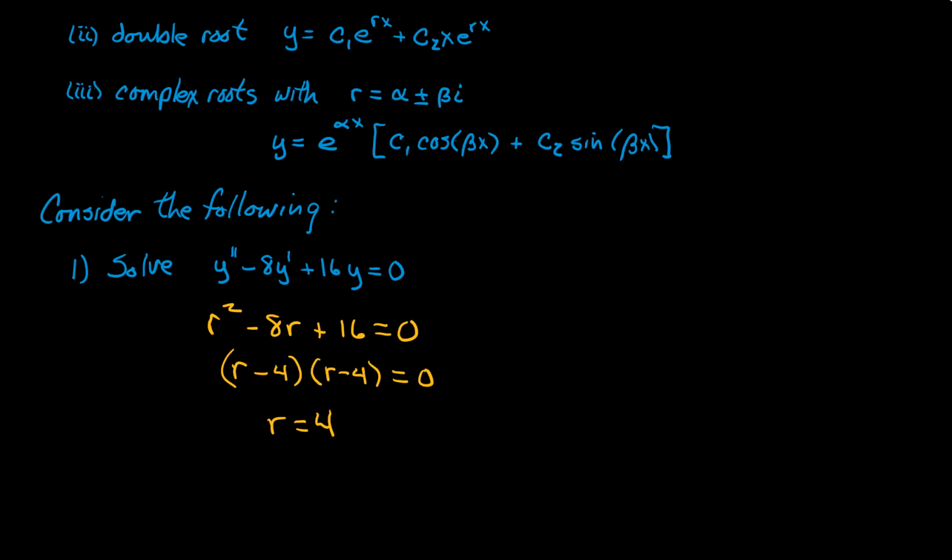That formula is going to be y equals c1 e to the 4x, remember we only have one root, plus c2 x e to the 4x. The only thing that can make this entertaining is if you're given some initial values, then you would need to solve for c1 and c2.